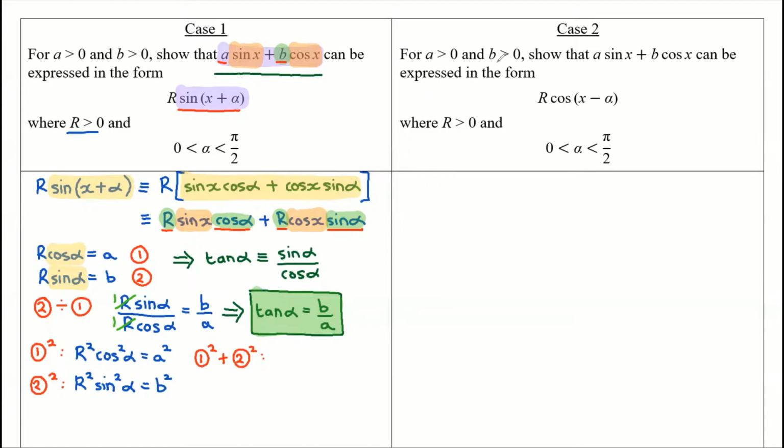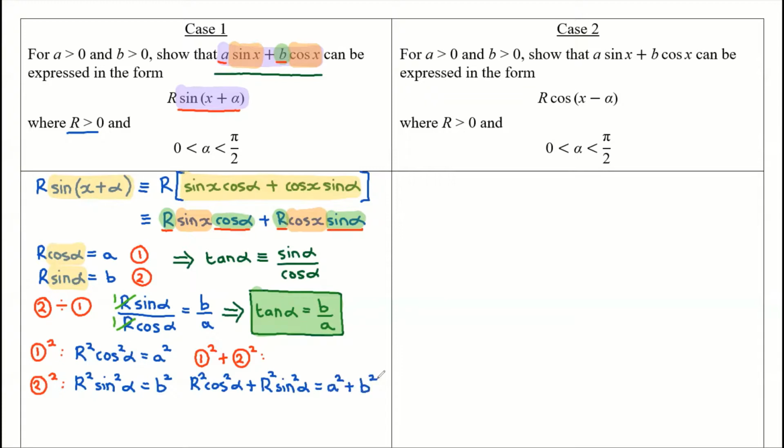Now on the left hand side, this is going to be r squared cos squared alpha plus r squared sine squared alpha. And if this is true, of course, this must equal the sum of the right hand side. So this must equal a squared plus b squared.